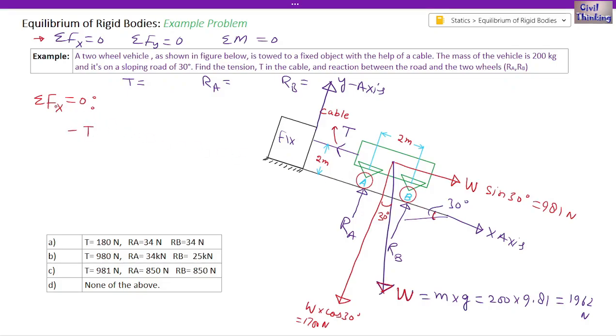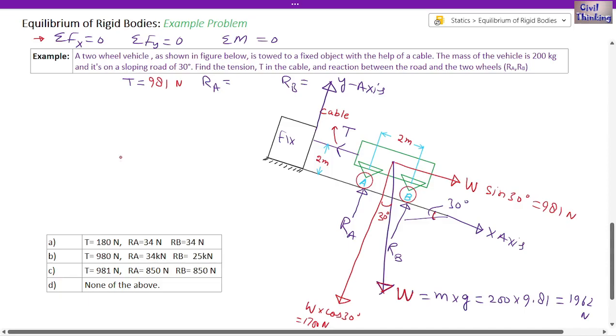We are finding forces along the x direction, that's why I consider T. Now W sine 30 is also along the x direction and along the x axis, so it is positive, plus 981 is equal to 0. So from here I will get the value of 981 Newton. The tension is 981. So we find the value of tension. Now let me erase this first.